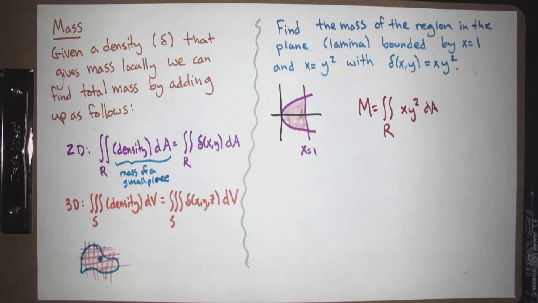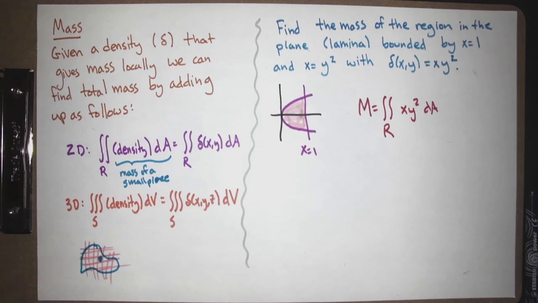It says find it. So we have to find it. So that means we need to do iterated integrals, pretty much the only way we can find integrals, unless they are super trivial, like the integral of 1 where the region is a circle. Here, it's not trivial.